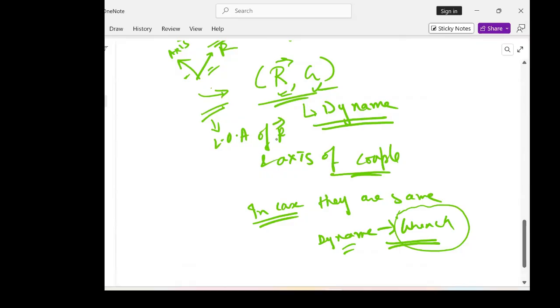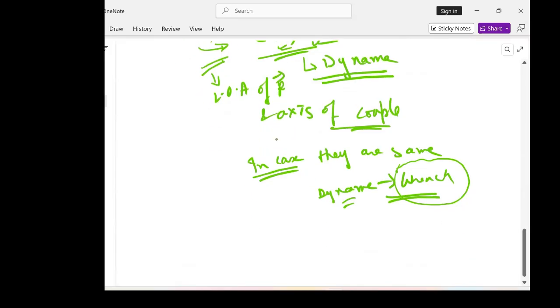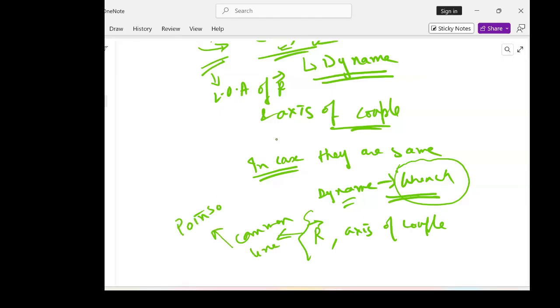Once we find them, this common line of support, representing the line of action of R along with the axis of the couple, is said to be the Poinsot central axis. We will then find the Poinsot central axis equation.